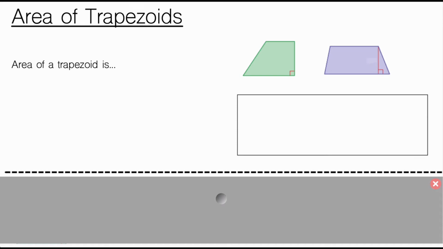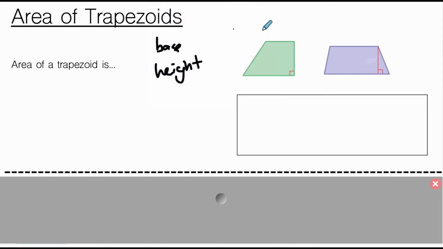Another thing we should talk about is the parts of a trapezoid. So if you think about a triangle or a parallelogram, we used terms like base and height to describe measures within the figure itself. A trapezoid is similar in that it has some measures that we should become familiar with.